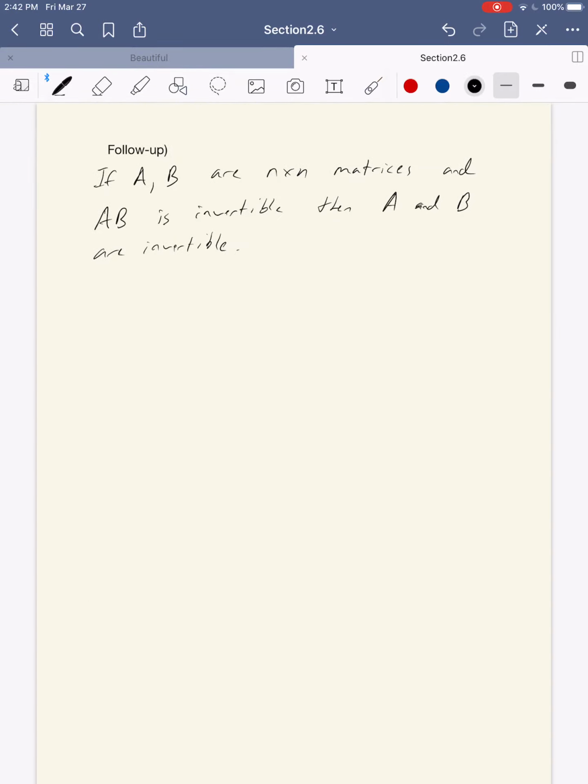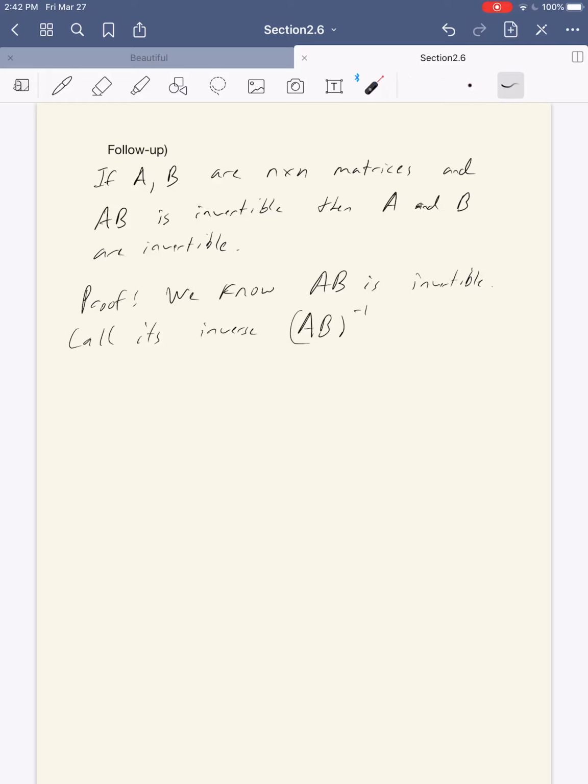So as our proof here, we know AB is invertible. Let's call its inverse (AB) inverse. Now, it is super tempting to say, okay, I know what to do here. I take this and I just distribute it onto each piece and I switch the order.